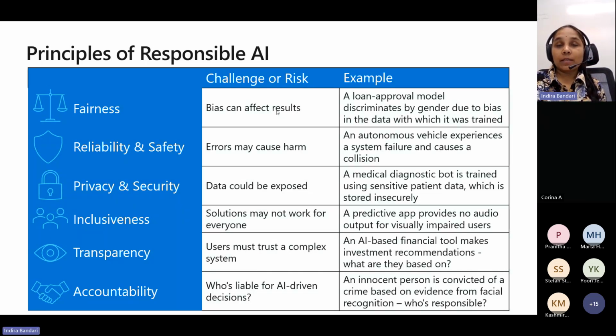In responsible AI, we should not have bias, because if you have bias, that can affect the results. An example is a loan approval model that discriminates by gender. If it discriminates by gender, all females will not get any loan approved.